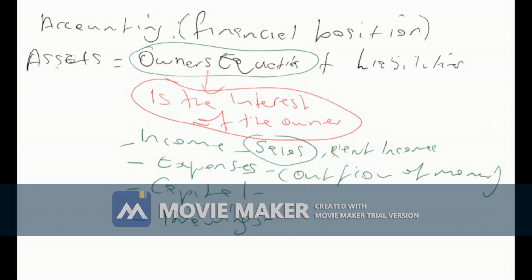And then we move on to capital. I've said to you, capital is the investment of the owner, or the money to start the business. So this is invested by the owner in their business. And then we move on to the last one, drawings. Drawings is a process whereby the owner takes assets or anything from the business for his or her personal use, whether it is cash or trading stock.